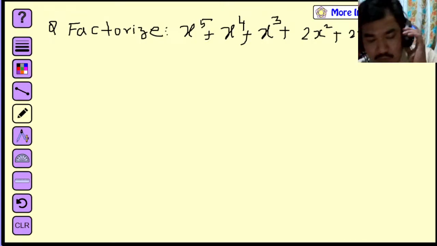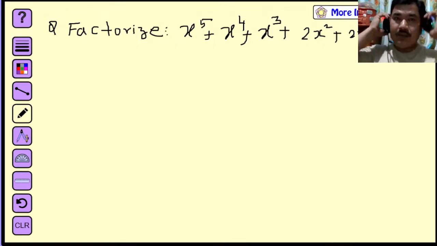In this question, how to factorize, I want to give you ideas.